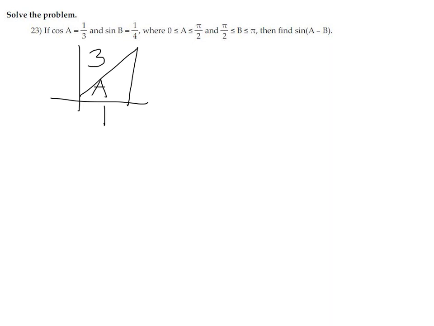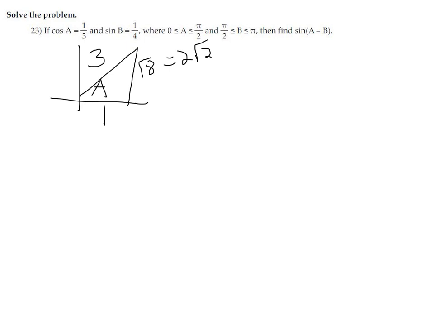There's cosine A equals 1/3. Pythagorean theorem, 3 squared 9, minus 1 squared 1, square root of 8, and that reduces to 2 square root of 2. Now this is positive. I know it's positive because up is positive and right is positive, and the hypotenuse is always positive.